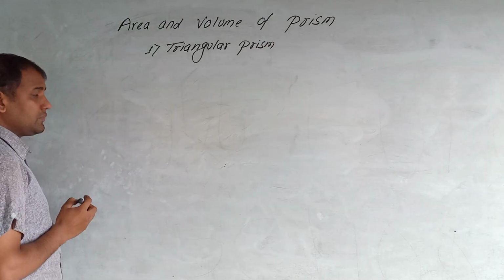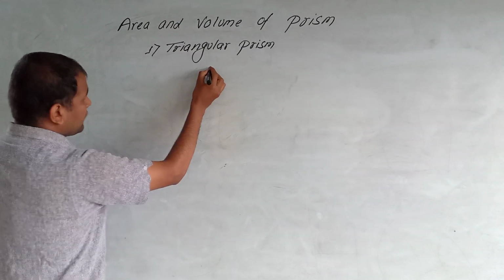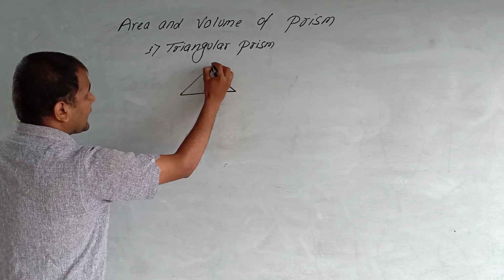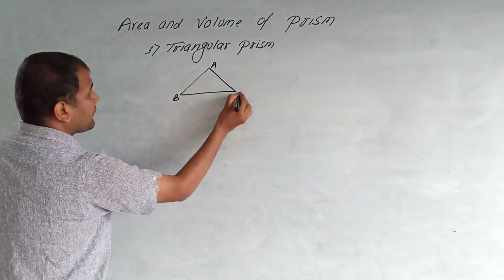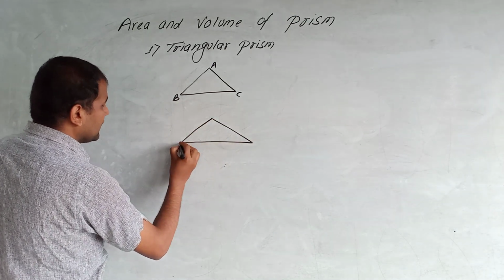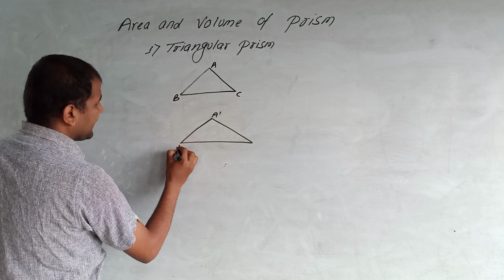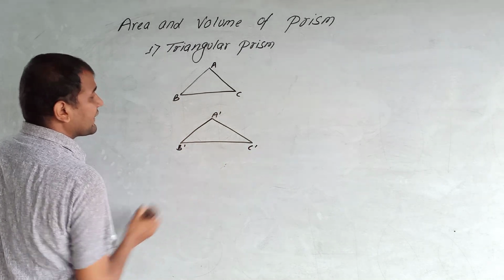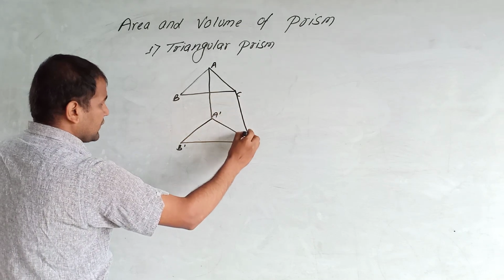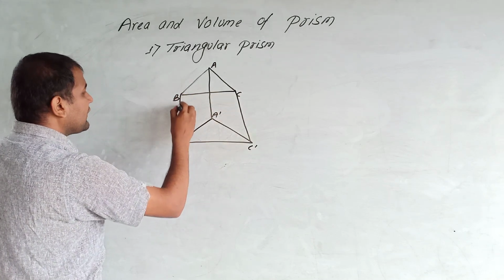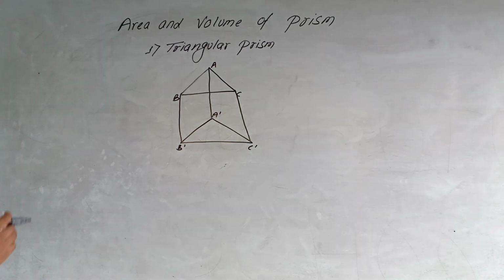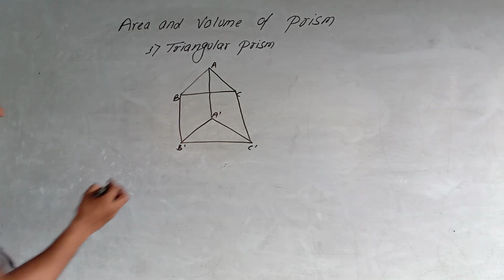Let's suppose here is one triangular base A, B, C, and the next congruent triangle A dash, B dash and C dash is the next base, and the prism formed by two congruent triangular bases is said to be a triangular prism.